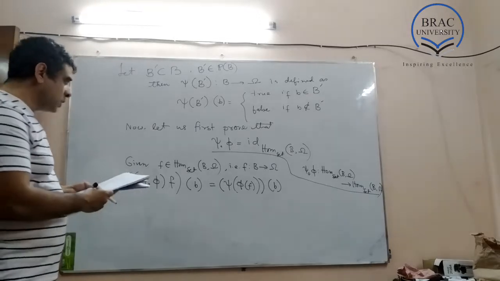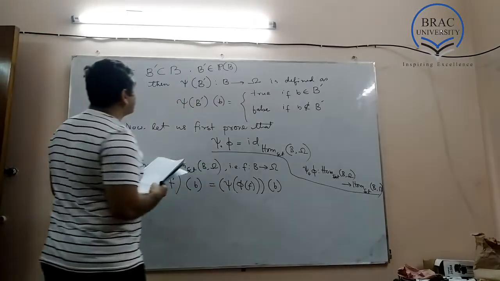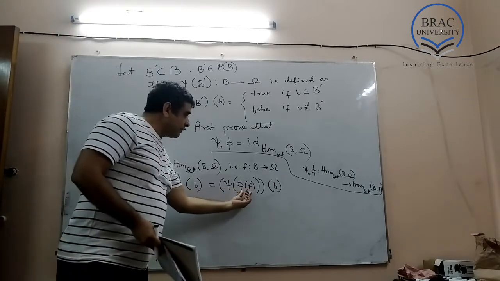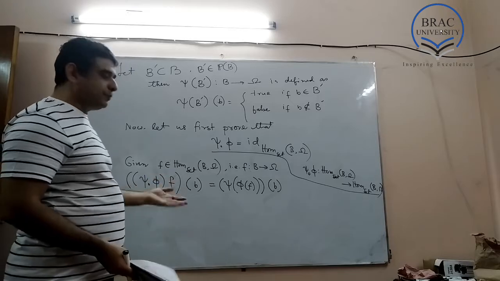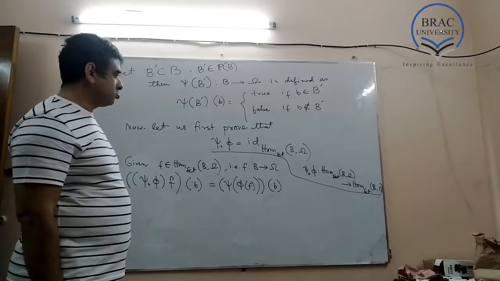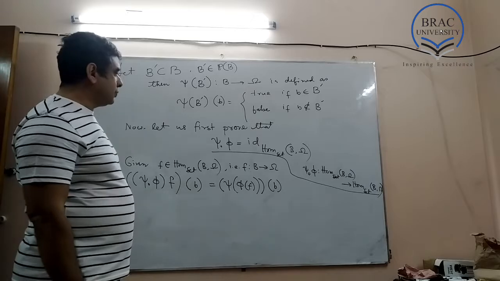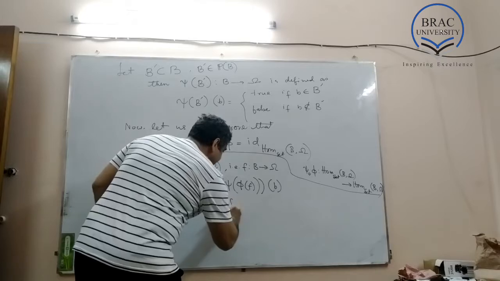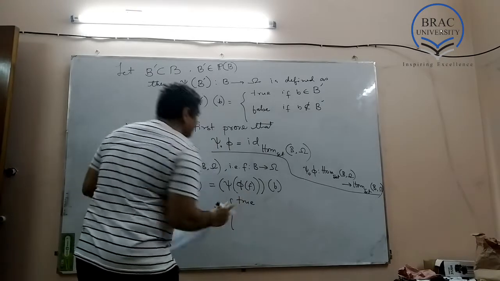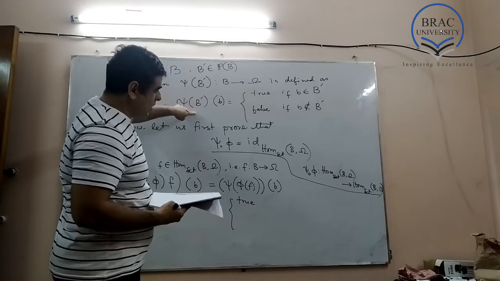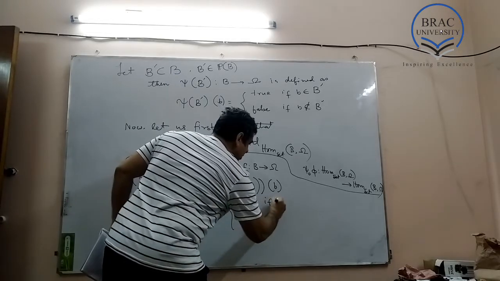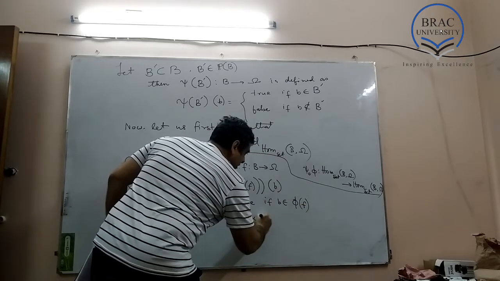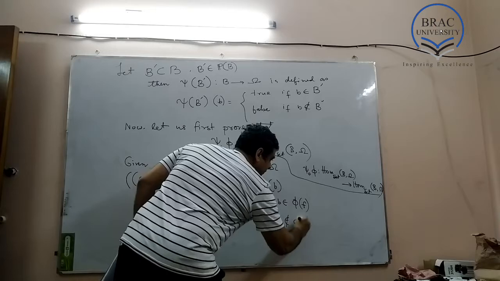And by the definition of the function psi that we have done here, see that phi of f is a subset of B, the original set B, the way we defined phi in the beginning. So this is going to be true by using this definition if b is in phi of f. It's false if b is not in phi of f.